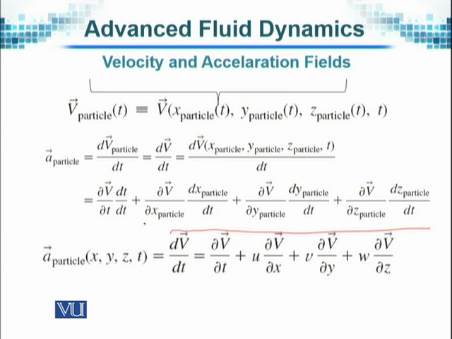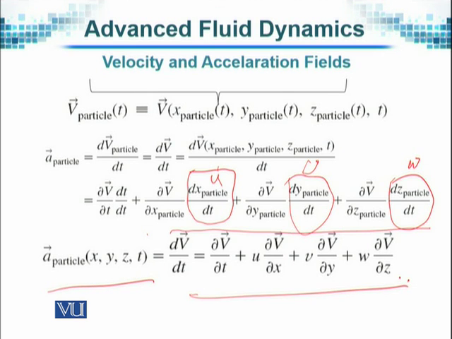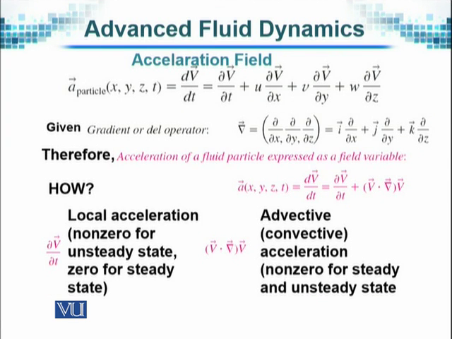So dx by dt we are familiar with; we denote it by u in the x direction, so we may write it as u particle. Similarly, this will be v, and this will be the w component, or the z component. You can see that this is summarized here in this form. It's important that we compute these, whether they become zero or non-zero, but we need to make the complete calculation.